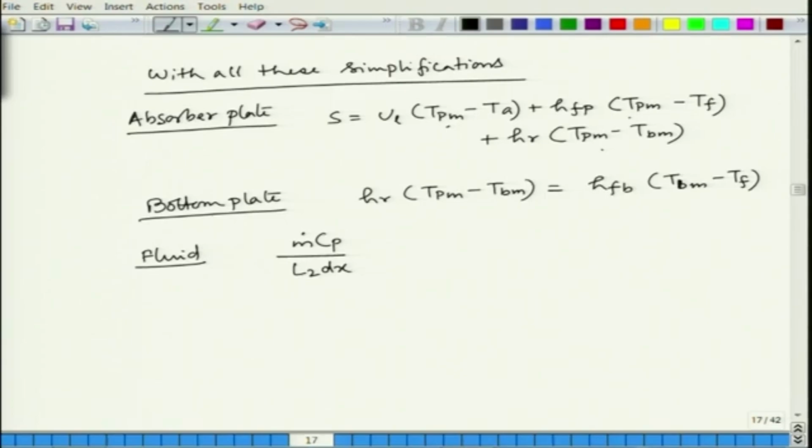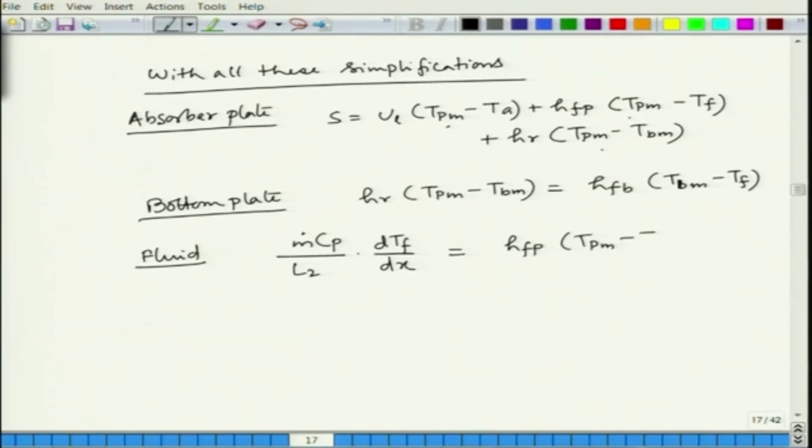This area stays there. And for that control volume of the air, the heat gain is happening due to two terms.